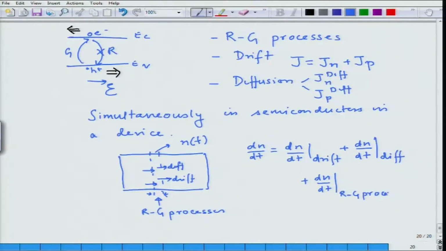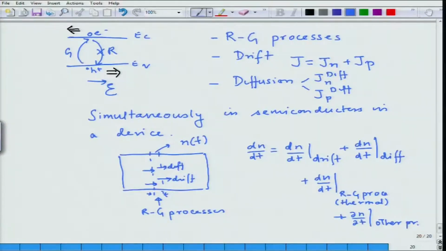and generally when we talk about RG processes, this is also what we are talking about, which are mainly thermal processes. And then we split out another term for generation, which may be due to external sources, which is change in the carrier concentration due to other processes. What are these other processes?